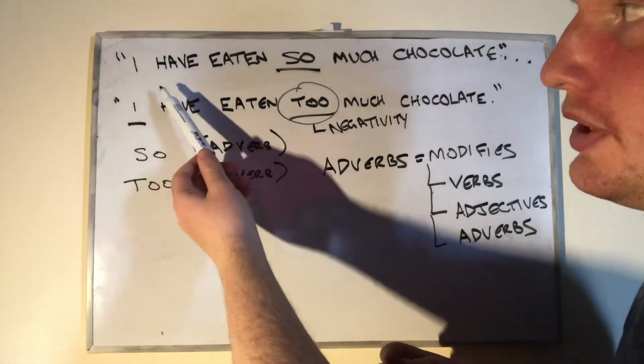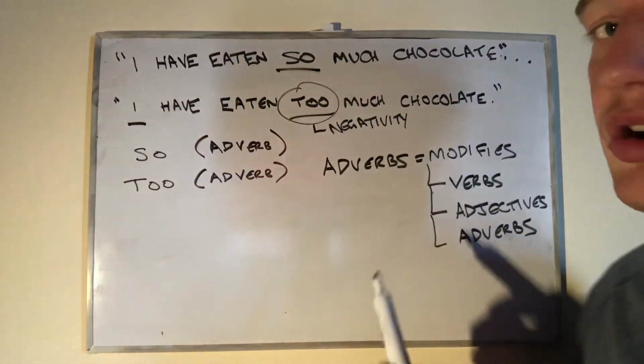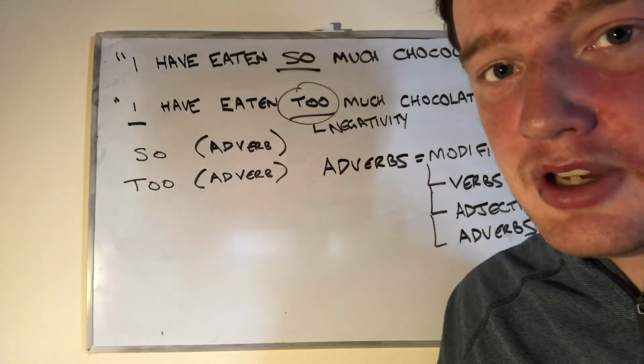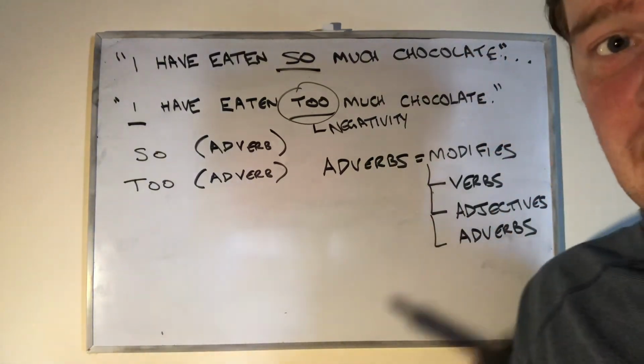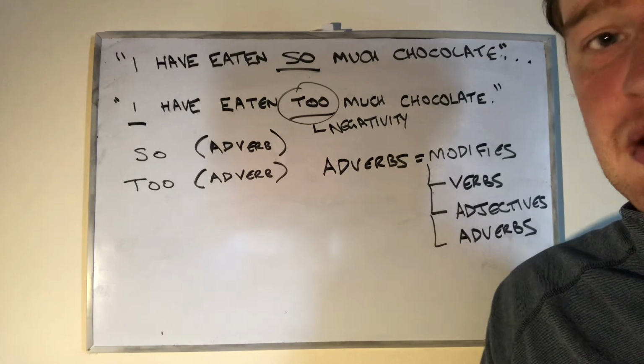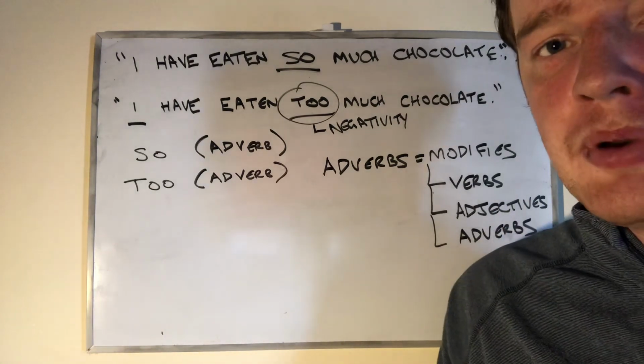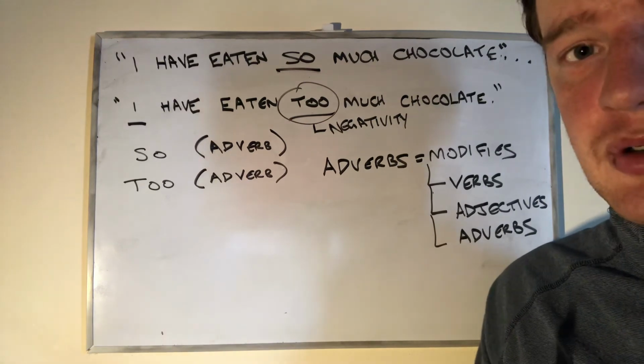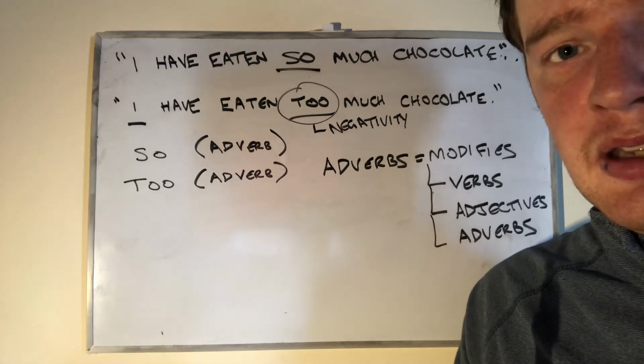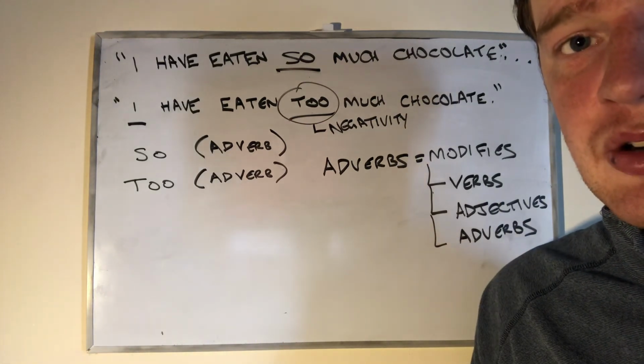For example, you could say, I have eaten so much chocolate that I feel sick. Then the negativity is indicated by the additional information at the end of the sentence. Or perhaps the tone of the person's voice could help you to understand additional meaning beyond the actual words contained within the sentence.